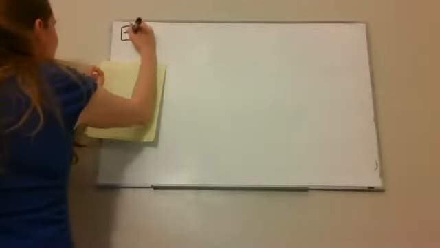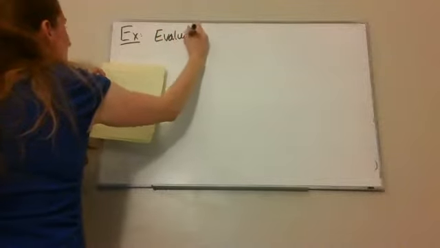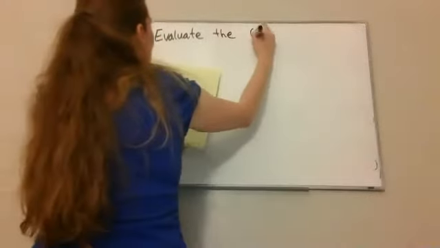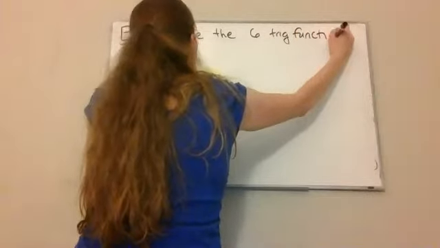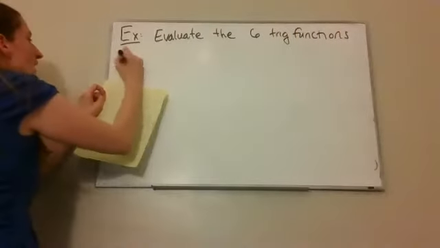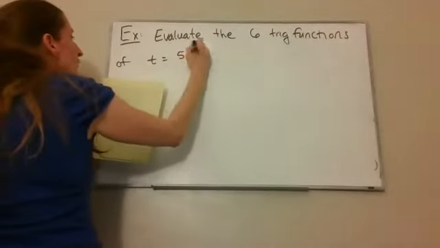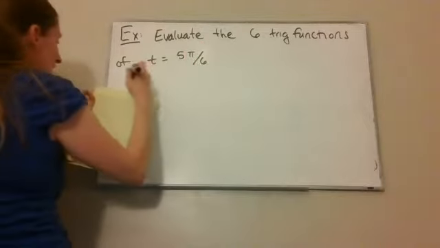Now, using that, let's evaluate the 6 trig functions of t equals 5 pi over 6.